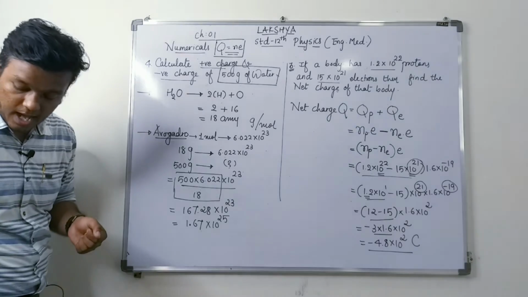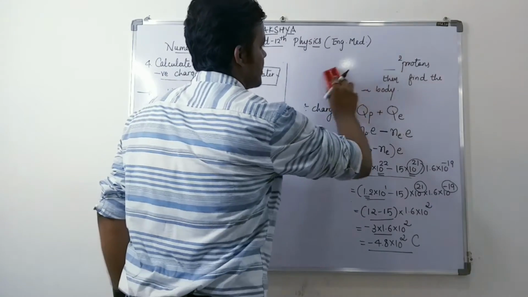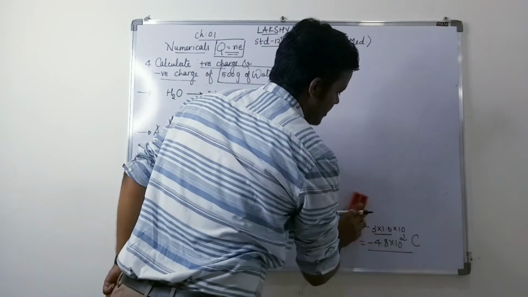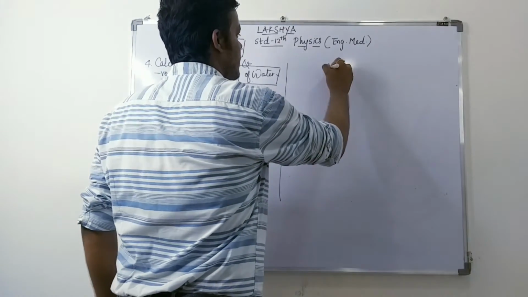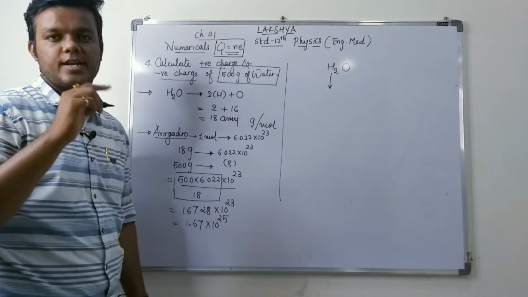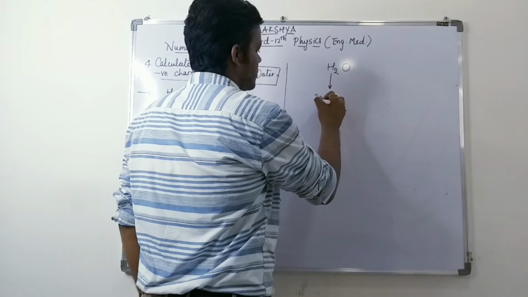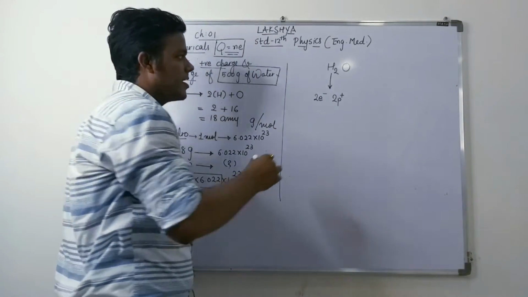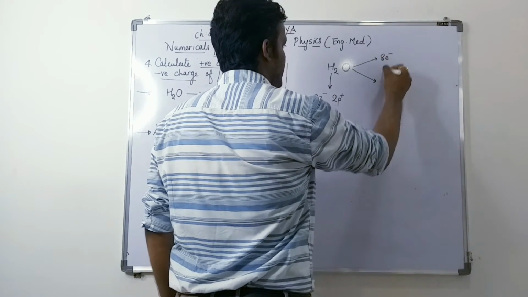Now, how many electrons and how many protons does a single molecule of water have? We will try to see that in a single molecule of H2O, 1 hydrogen has 1 electron and 1 proton, so 2 hydrogen will have 2 electrons and 2 protons. Similarly, 1 atom of oxygen has 8 electrons and 8 protons.